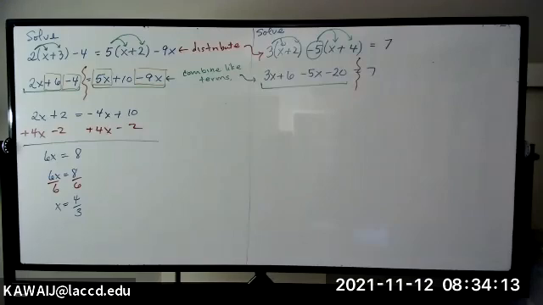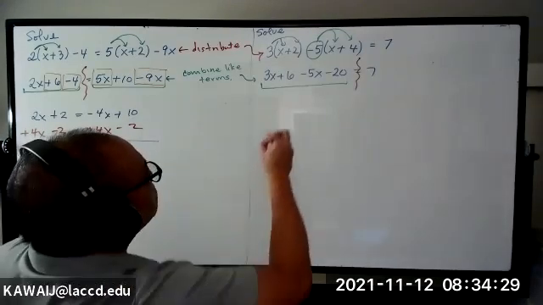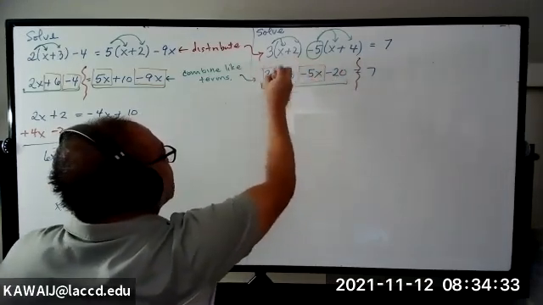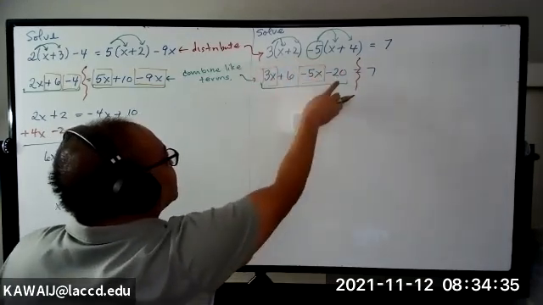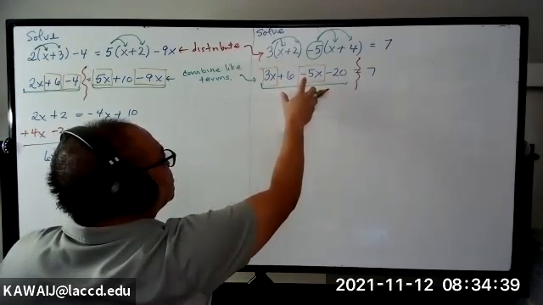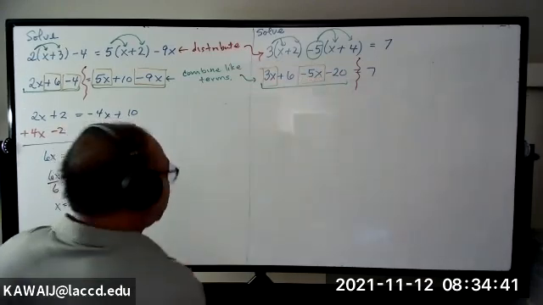Excuse me. So we're going to combine this with that, okay? And the plus 6 and the minus 20. Remember that the negative or the positive goes with the thing on the right of it.